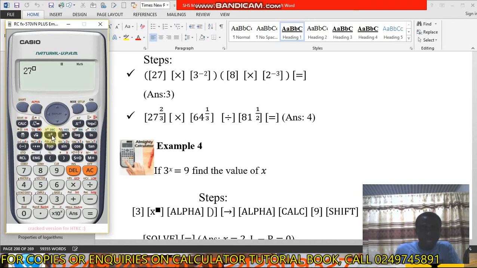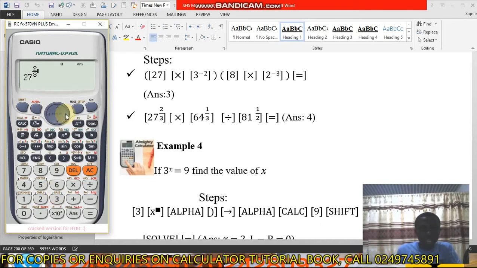In the first introductory video of indices and logarithm, we learned how to enter indices on our calculator. We are either using the x power 2 key or the x raised to the power box. When you use the x raised to the power box, you want to enter 2 raised to the power 3, a power of a fraction, a fractional power. So you hit the fraction key there, then we enter our 2 over 3.